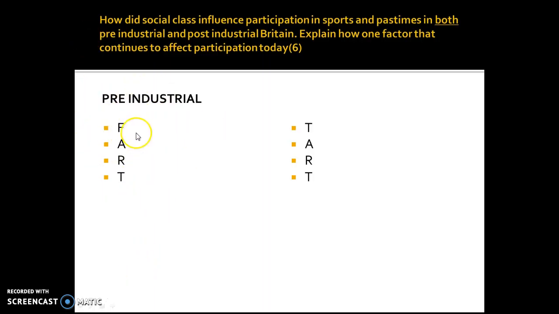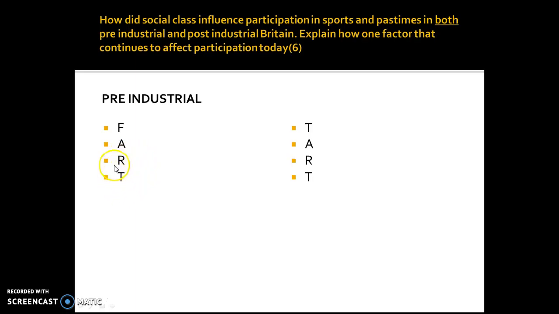Now what I need you to do with that is think, there's another term for a two-class society, and that begins with an F. Okay, being from a lower class or upper class, or courtly or popular, would dictate whether you played real tennis or mob football. These are two types of activity beginning with an A. When you play certain activities, like we just talked about cricket, your position in the team may be different depending upon it.